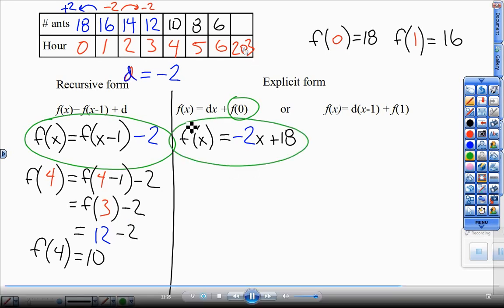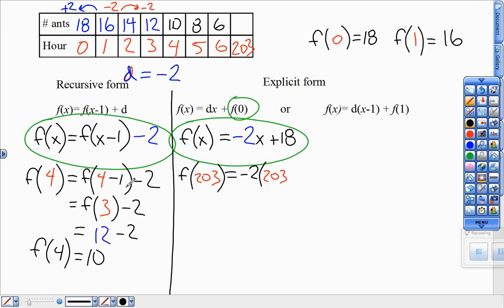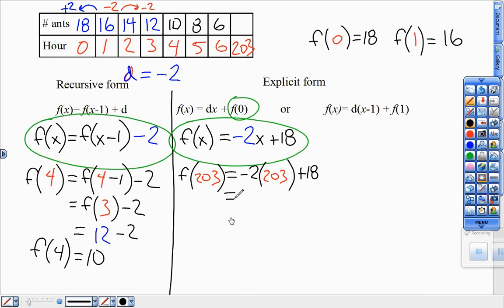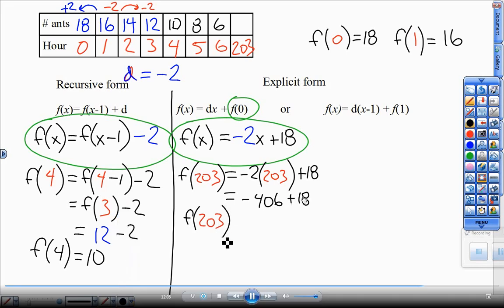I'm going to take that 203 and plug it right there in for x and do the math. So the function at the 203rd term equals -2, and in the parentheses 203, plus 18 gives me -406 plus 18, which shows me at the 203rd term, -406 plus 18. 18 of these positives cancel 18 of these negatives and leave you a bunch of negatives left over.